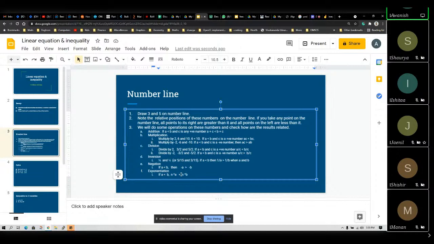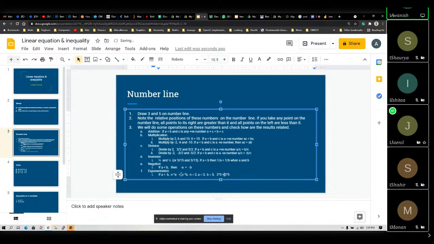Let's take the example. So let's take n equal to 2, and A and B are 3 and 5. So what are we comparing? We are comparing 2 raised to 3 and 2 raised to 5. Which one is smaller? Which one is bigger?